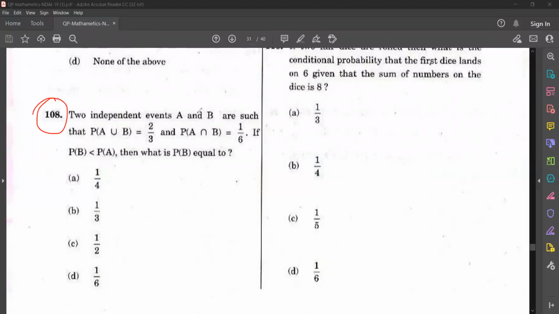Two independent events A and B are such that P of A union B is 2 by 3, P of A intersection B is 1 by 6, P of B less than P of A, P of B equal to. Okay, so very direct question, and usually asked type of question. Just apply the equation and find the answer. I'll give you 30 seconds, do it and comment your answers.